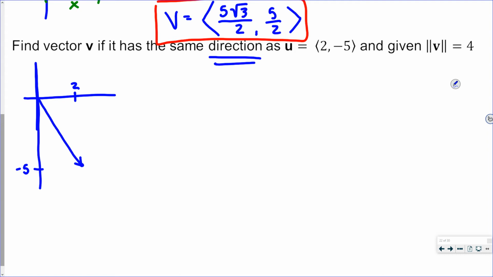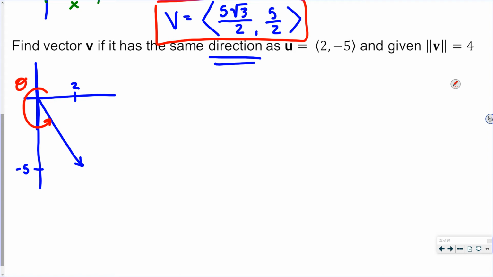We don't know that it's located in the same position, but we know it has the same direction, so the same slope. So we're going to find the direction angle, and that direction angle should be the same for vector v. Then we can use that, and we're given the magnitude, and we can write it in component form with that little formula.